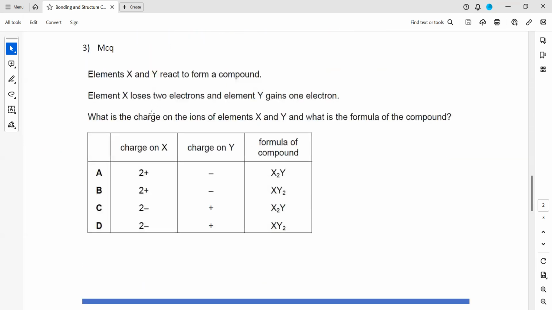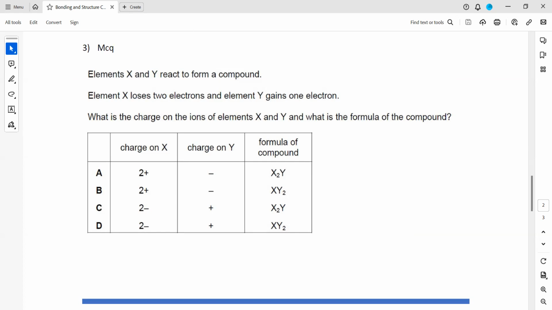Then in question 3, element X reacts with Y to form a compound. X loses 2 electrons and element Y gains 1 electron. What is the charge on the ions of elements X and Y, and what should be the formula of this compound?